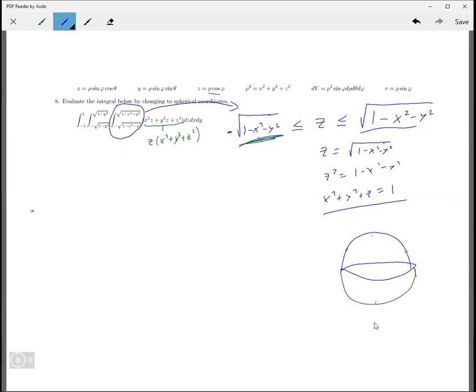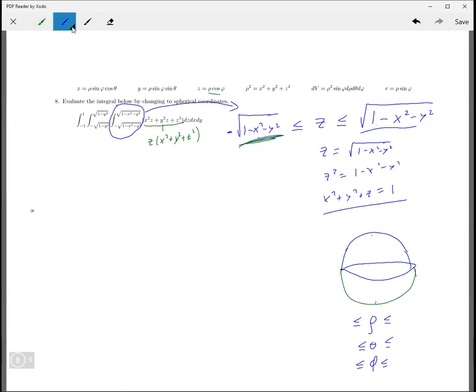So the idea is to try to figure out what this is. The first one is the bottom of the sphere to the top. The second one is in x, right?